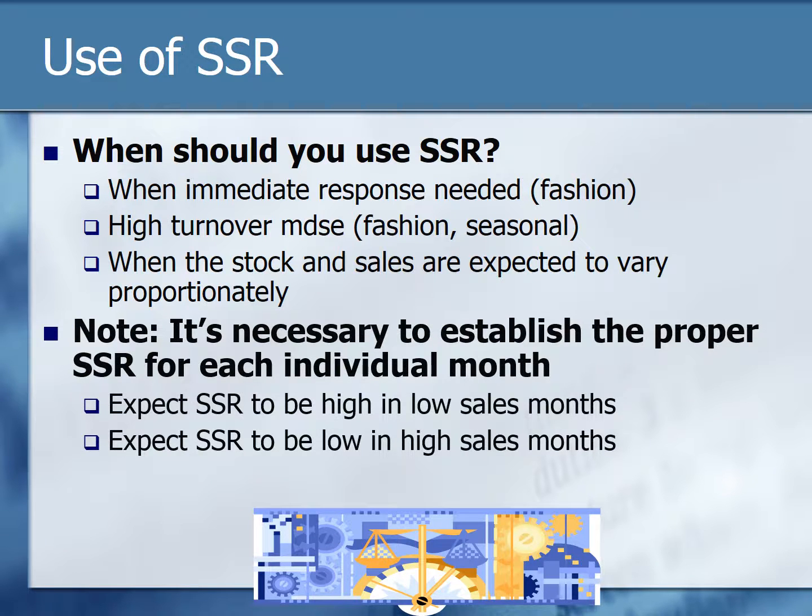But given that, it's very necessary to establish the proper SSR for each individual month. You do not have to use the same SSR for every month, and in fact, you should not use the same SSR for each month. Okay? Usually, you expect the SSR to be higher in lower sales months and lower in higher sales months.